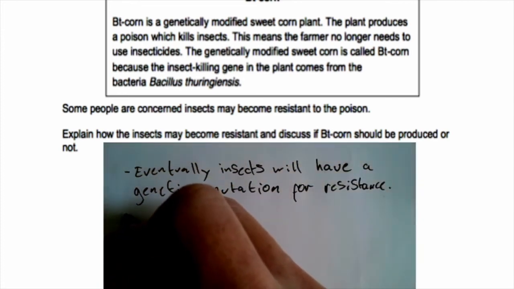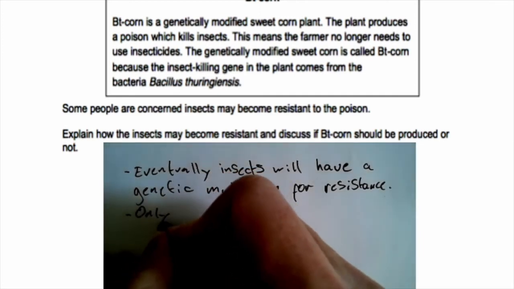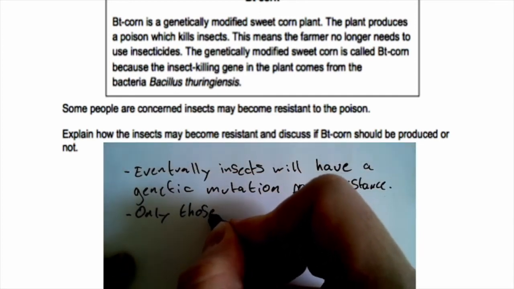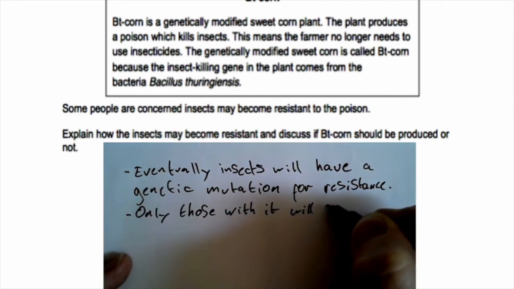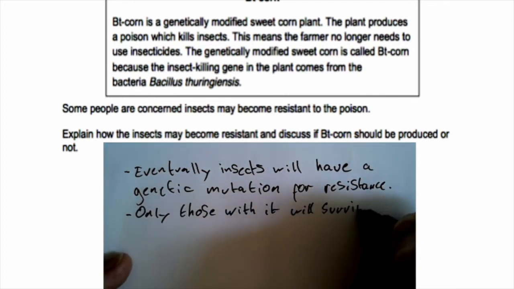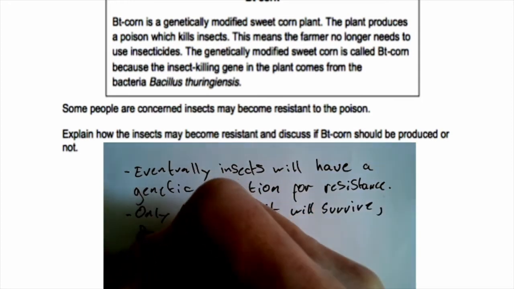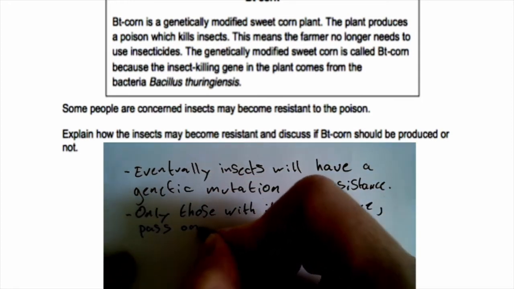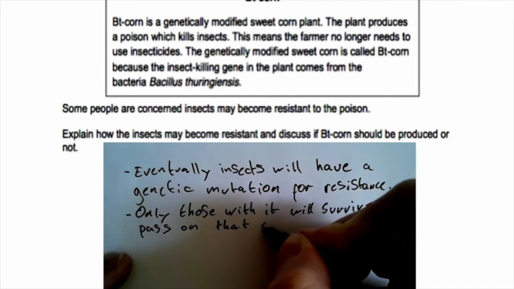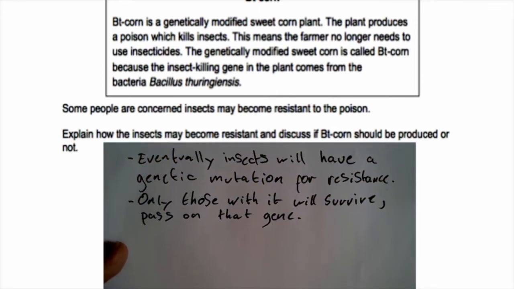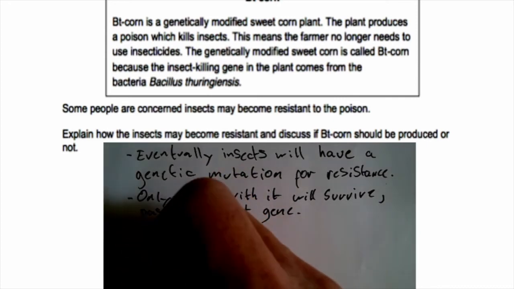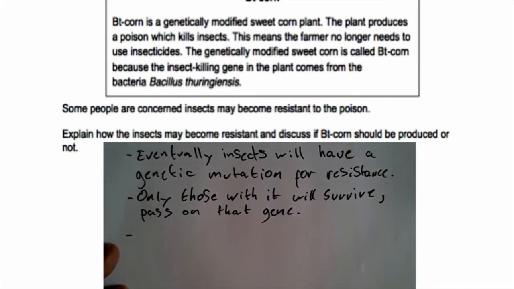And when that happens, only those with it will survive. And if they survive, they'll pass on that gene. Okay, so this is evolution. They've all got that gene now, or have the potential to have that gene.